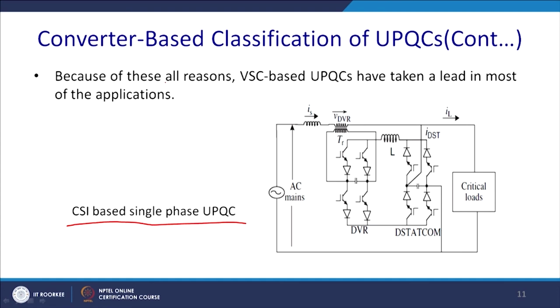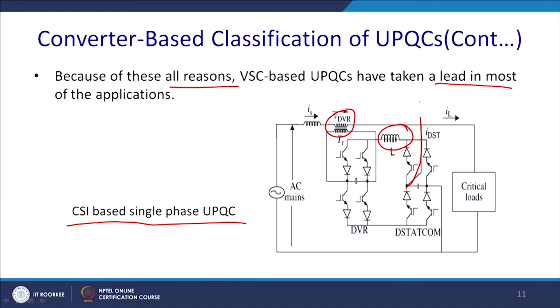Based on all the reasons, the VSC based UPQC has taken the lead in almost all applications, but we are showing you an application. This is the inductor, the size of the inductor is very high, sometimes in the range of hundreds of Henry, and this is the DVR, and this is the portion that compensates, the D-STATCOM, and this is the critical load.